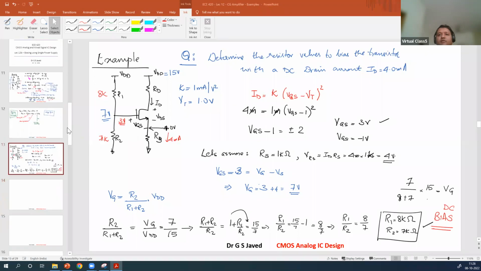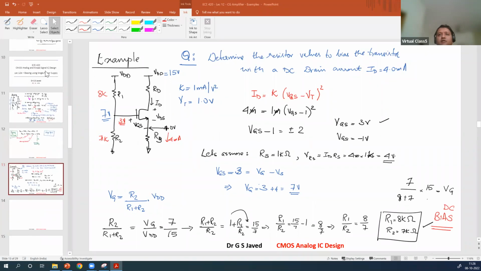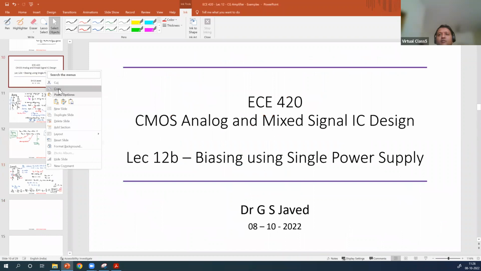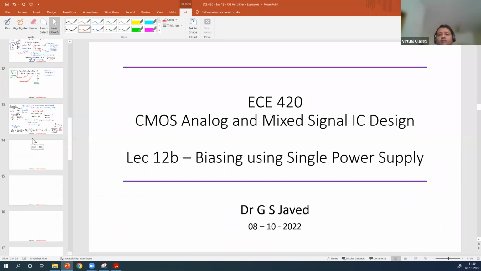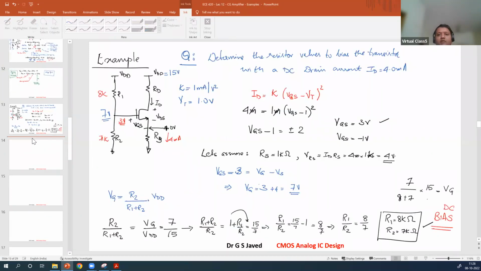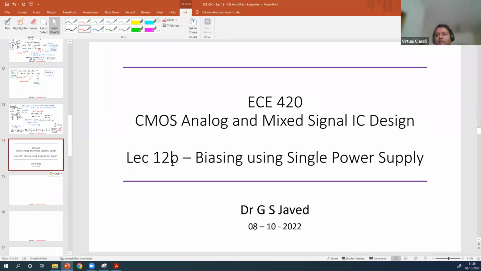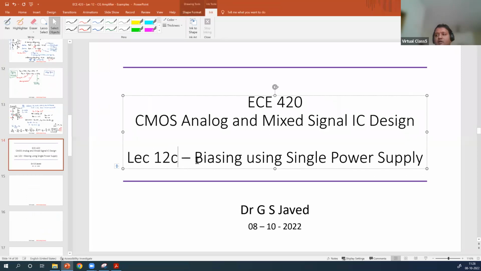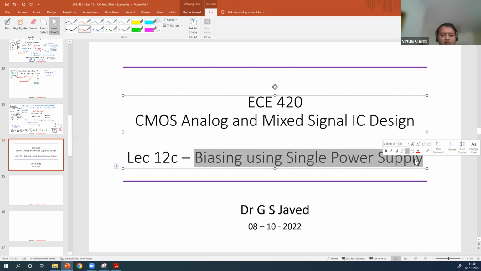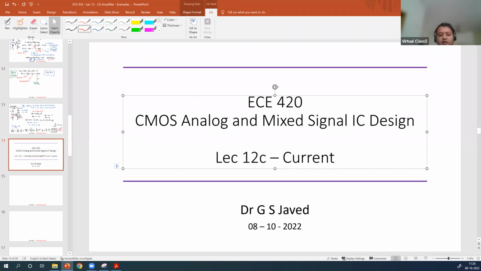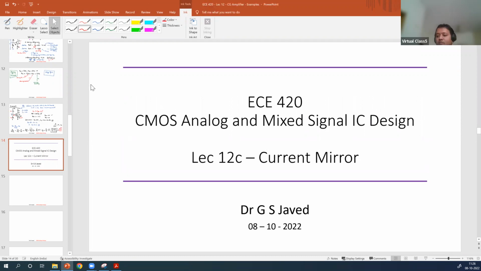No questions? Then we are going to start another critical topic, my favorite topic in analog design, current mirrors. So what is a current mirror?